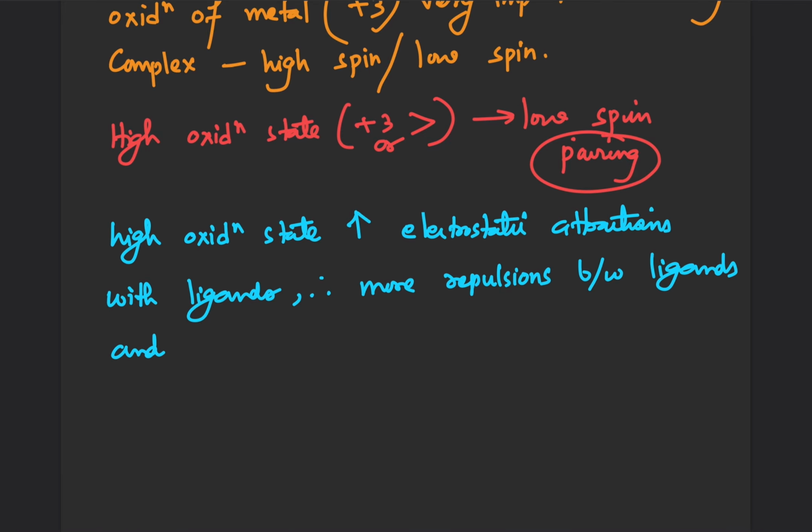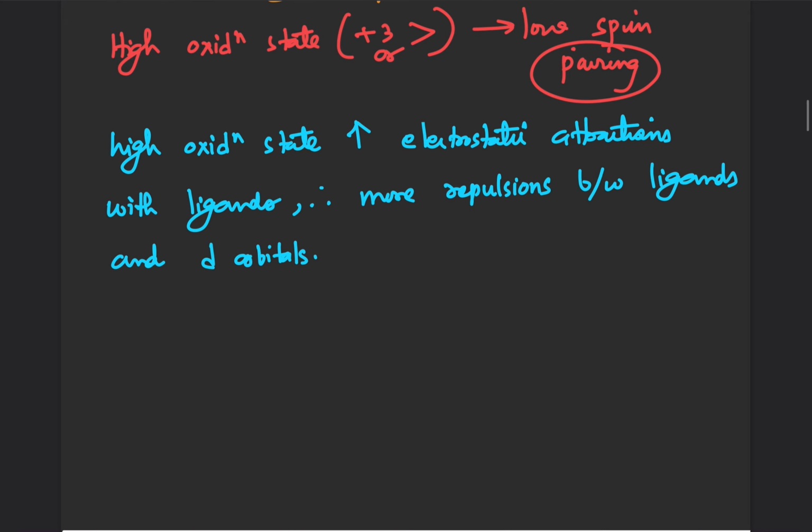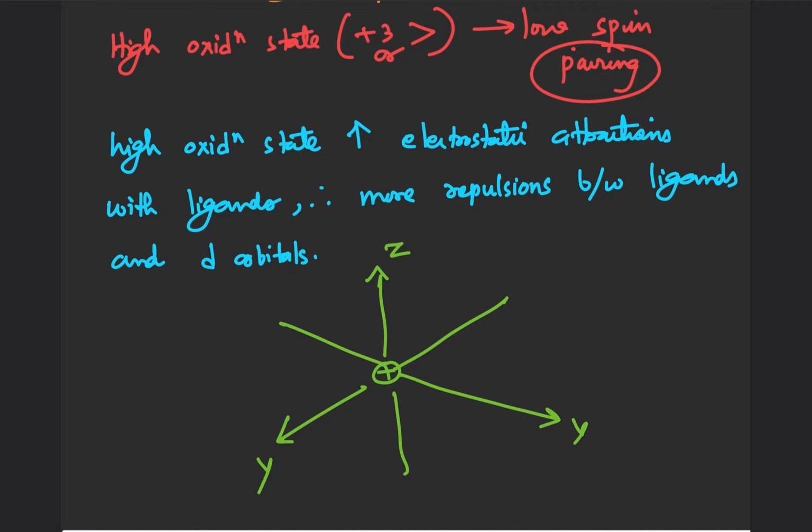Okay, so if I draw a rough diagram, let's say this is my central metal atom, let's say this is the z axis, let's say this is my y axis, and let's say this is my x axis. So therefore, ligands will be approaching the central metal atom through these axes. So if the oxidation state of the central metal atom is high, they are attracted more towards the central metal atom.